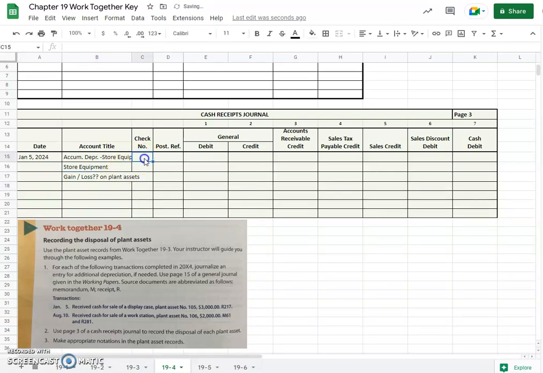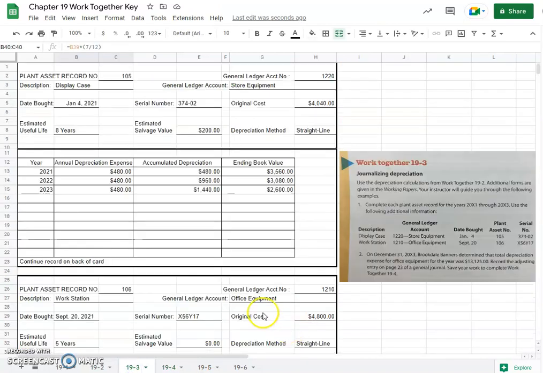Okay, so let's think through it. We received cash of $3,000, so that will be our cash debit. The accumulated depreciation on this asset, which is our first one, at the end of 2023 was $1,440.